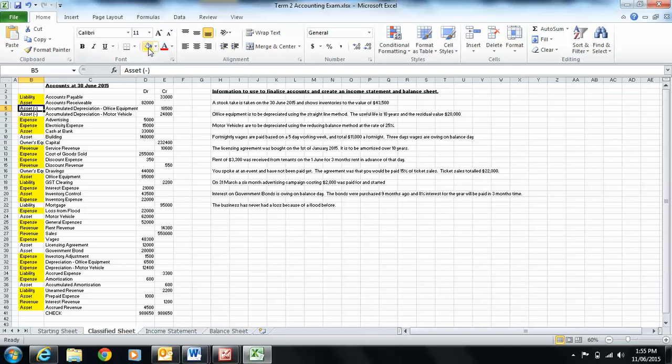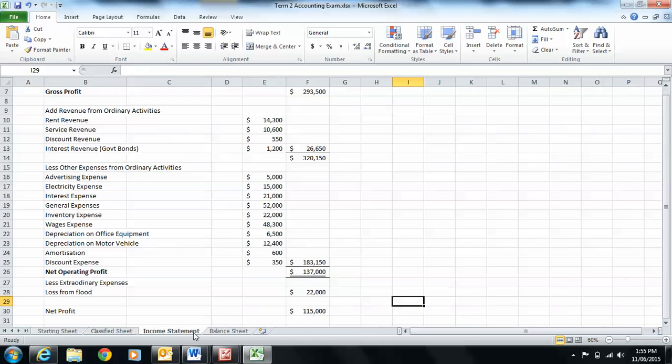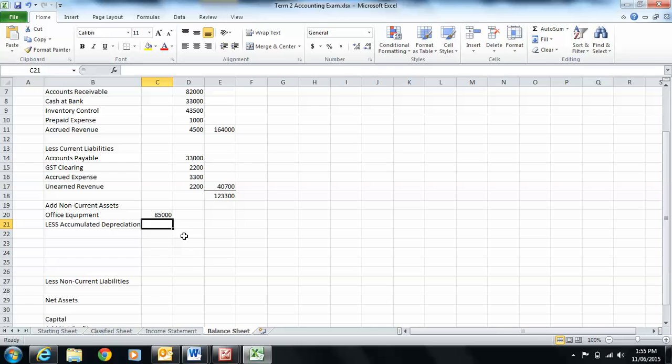So that's $18,500. When we take those two things into account, the value of our office equipment is going to be this minus that. So $66,500.